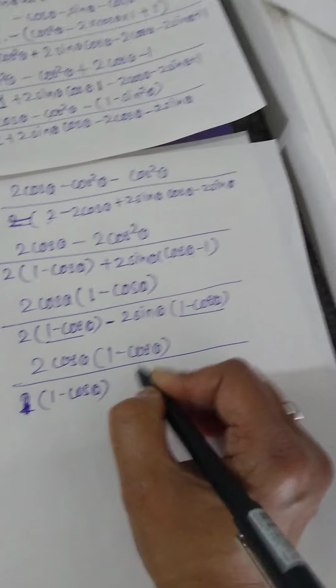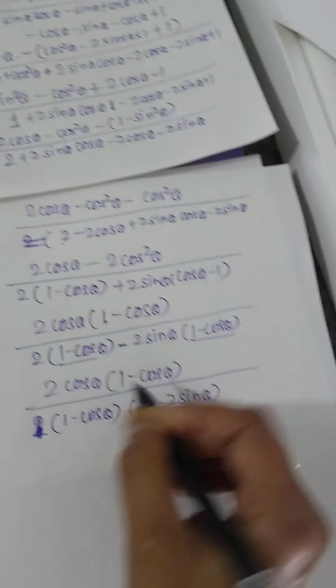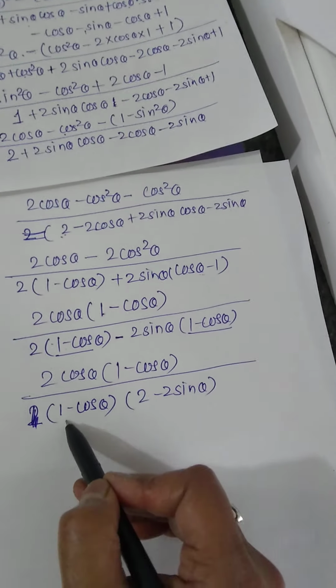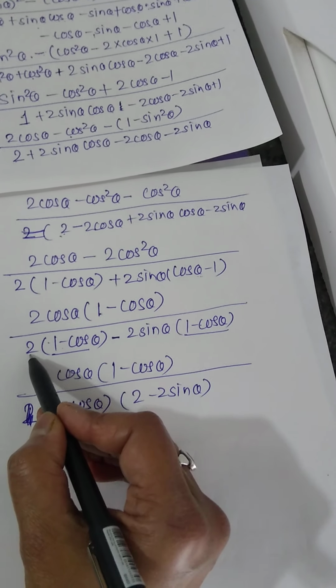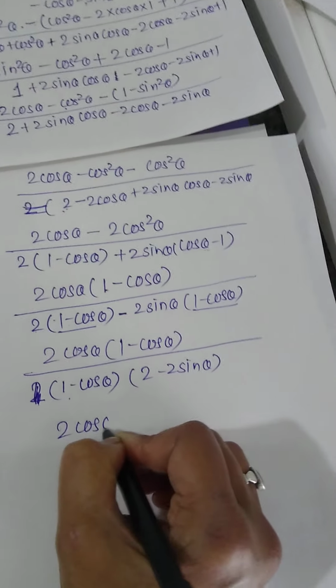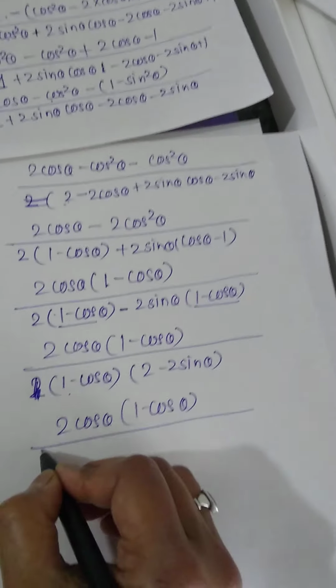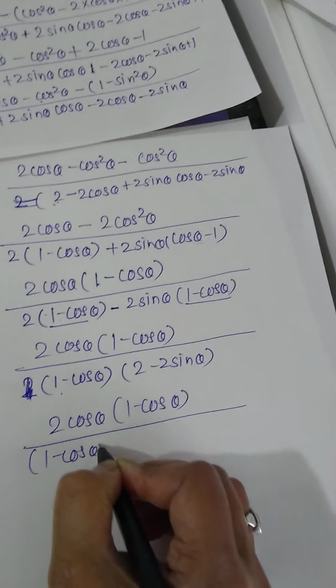This term is taken common, and 2 is also common from both these terms. We can write here in the next term 2 minus 2 sinθ, 1 minus cosθ, taken in the bracket, and in the second bracket 2 minus 2 sinθ. So we can write here 2 cosθ, 1 minus cosθ upon 1 minus cosθ.